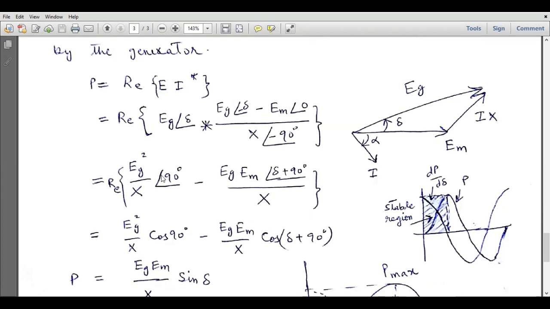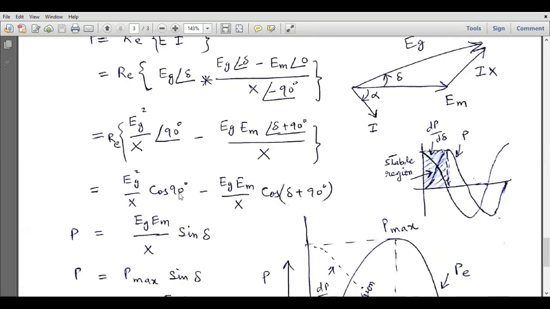So let's simplify these polar expressions to rectangular form. So this will be equal to cos 90 plus j sin 90, and this angle will be equal to cos (delta plus 90) plus j sin (delta plus 90). So the real part of the first term will be equal to cos 90, and the real part of this term will be equal to Eg Em over X cos (delta plus 90).